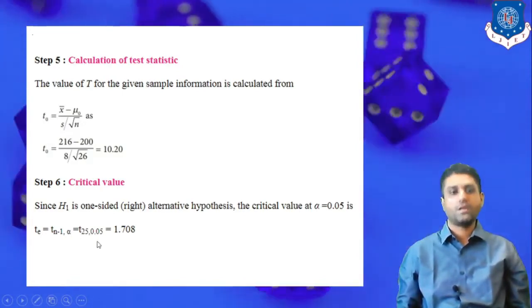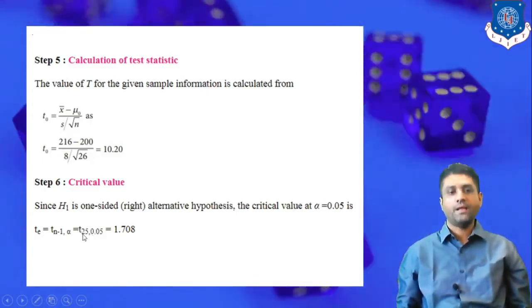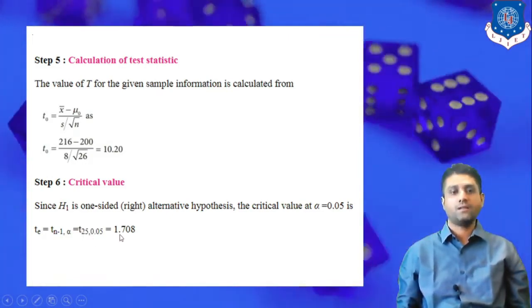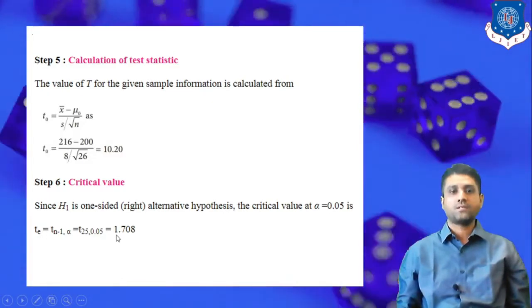So next our aim is to write down this value of t from the t distribution table. We collect it from the t distribution table, and we observe that its value is 1.708.